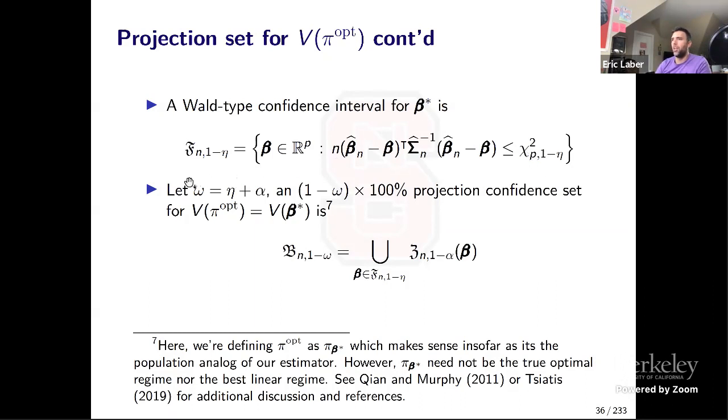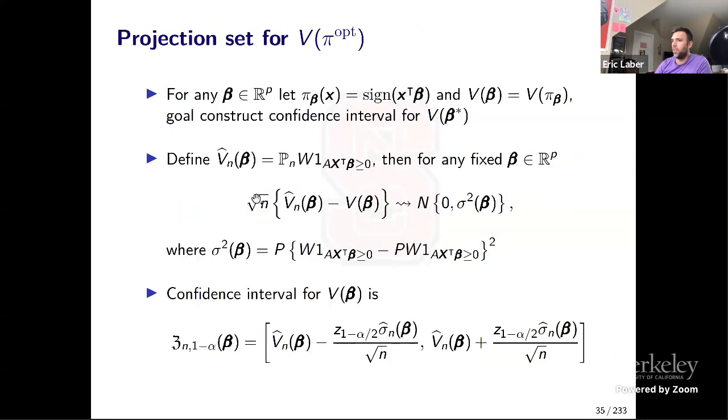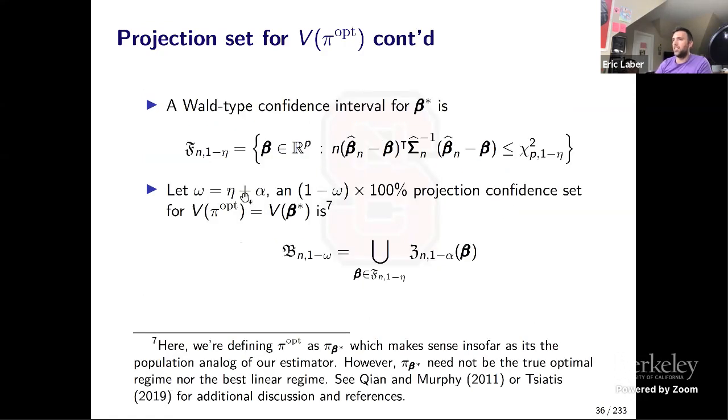And if we let omega be eta plus alpha, just a reminder, alpha is the error level of this confidence set for V for a given beta, and eta is the error of this Wald interval. Then a 1 minus omega times 100 percent projection confidence set for the value of the policy indexed by beta star is the union over all beta in our confidence region for beta star of our confidence interval for the value indexed by beta.